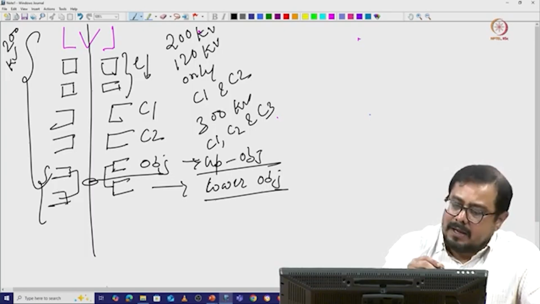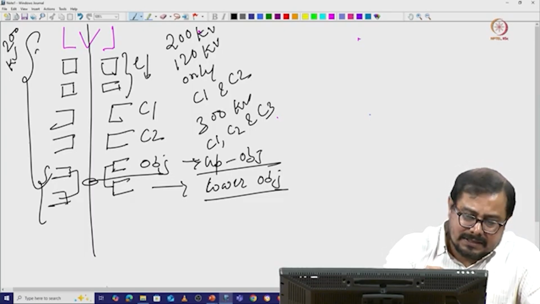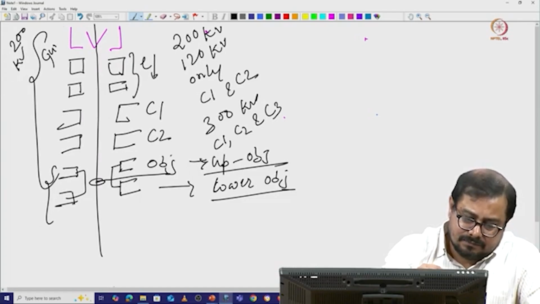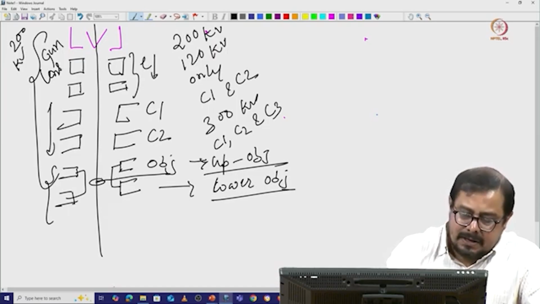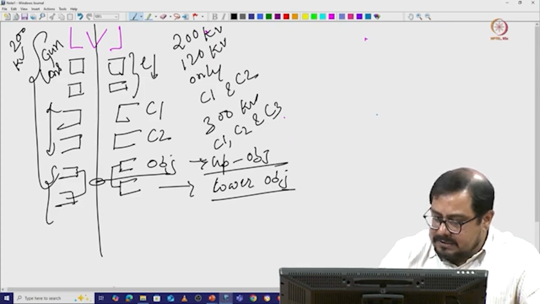So far, this is our gun lens, then our condenser lens system, then it interacts with our sample.